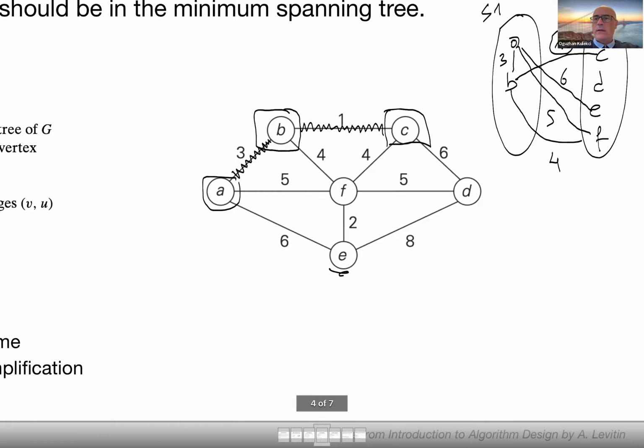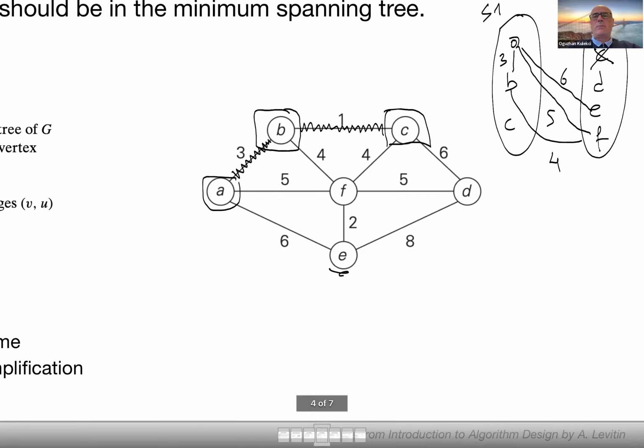So let me do this. Now I have C removed from here, and now C is here.